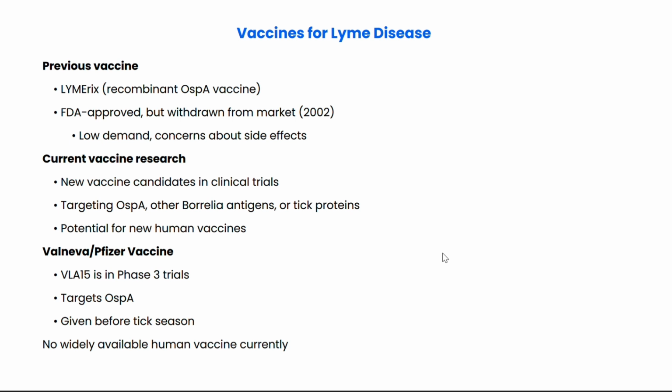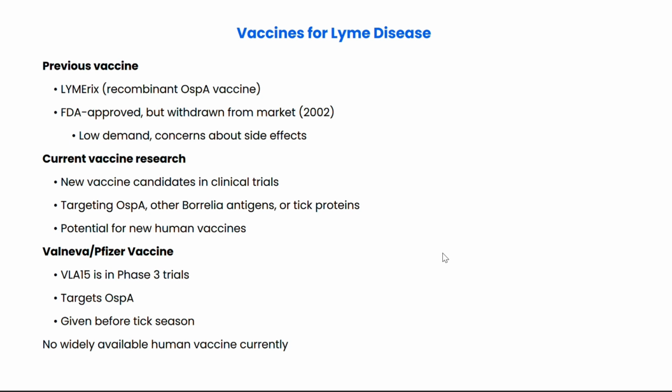One promising vaccine candidate is VLA15, developed by Valneva and Pfizer. This vaccine is currently in phase 3 clinical trials and also targets OspA. The vaccine is designed to be administered in a series of doses before the start of the tick season to provide protection during the peak exposure period.